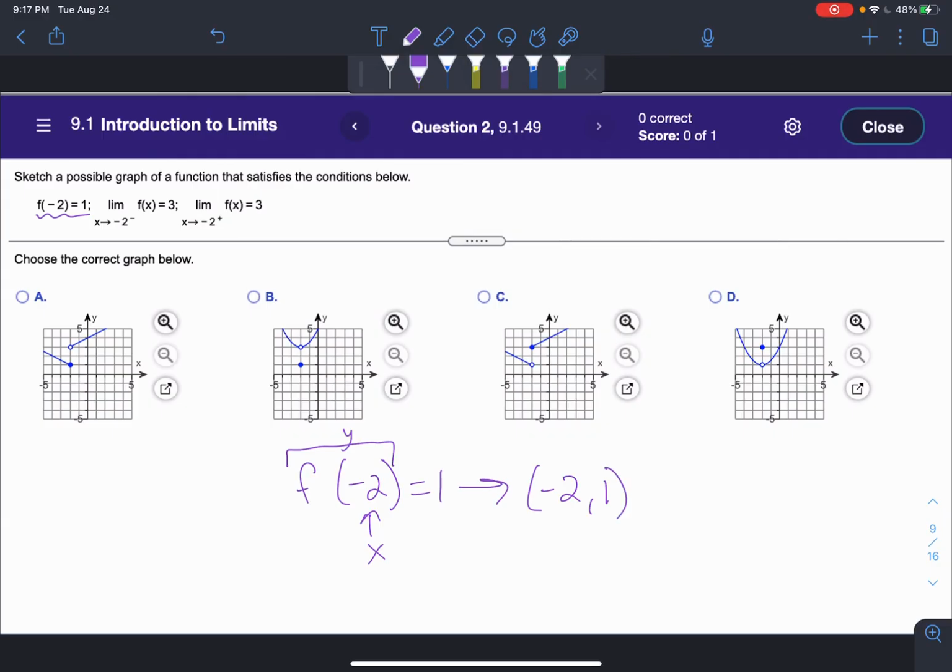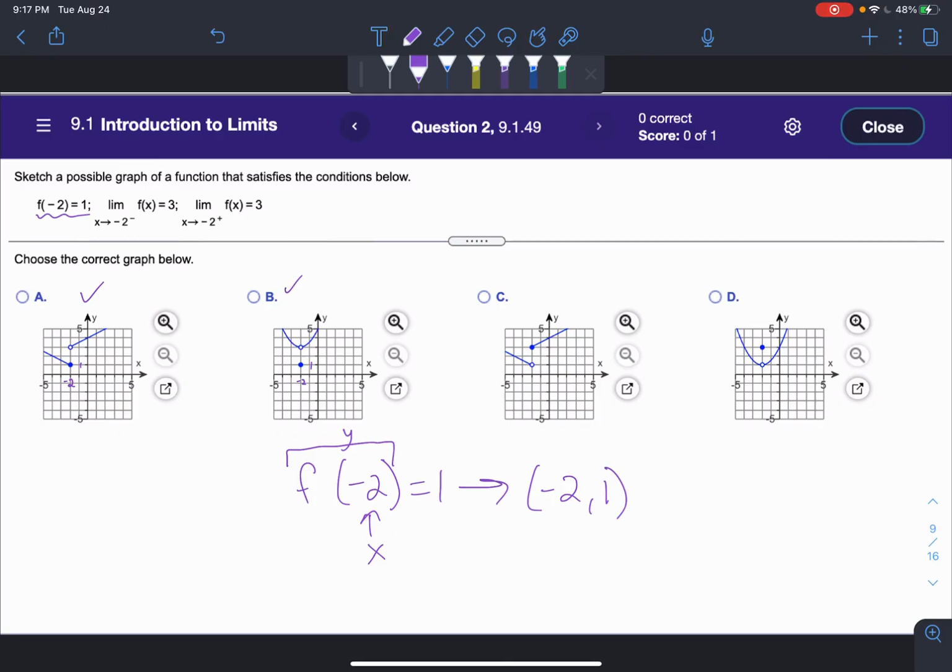So let's look at which graph has that point. So it's not really numbered well, but this is negative 2 right here, and this is 1. So A has this first condition, so that's good. So does B. You'll notice this is negative 2 and 1.